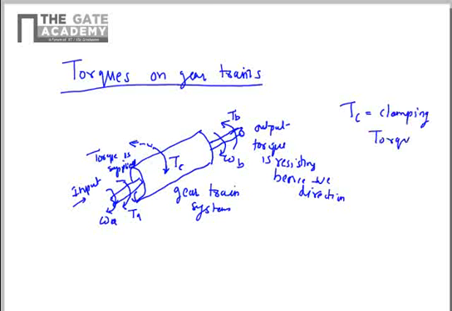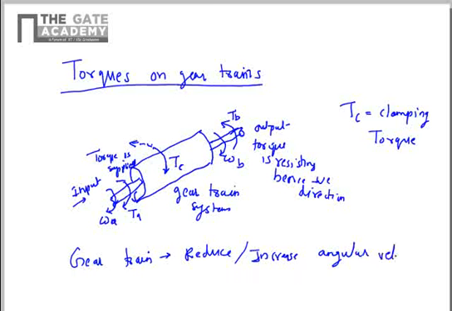This is important to consider, the clamping torque, because we are using a gear train to get a velocity ratio. The main purpose of the gear train is to reduce or increase angular velocity. And since the power is constant, TA omega A is equal to TB omega B, power that is constant for no loss.